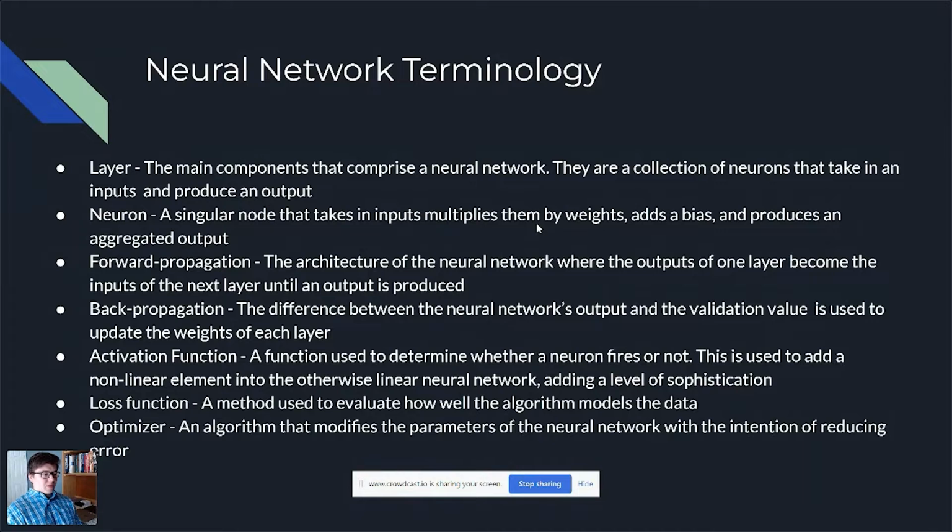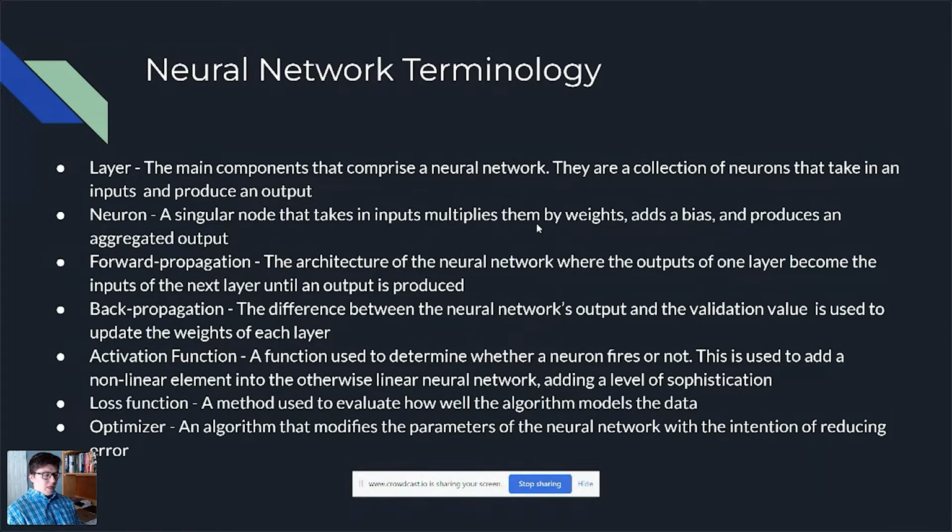So you can consider a layer as a collection of what is known as nodes that comprise each portion of your neural network. So your neural network is essentially constructed in layers, and you'll see a visualization of each of these terms later. And a neuron is each individual node that essentially takes in the weights, adds a bias, and then produces an output that moves to the next layer.